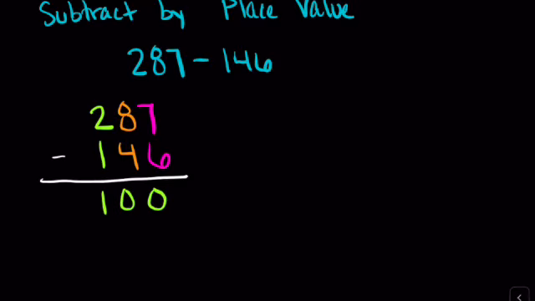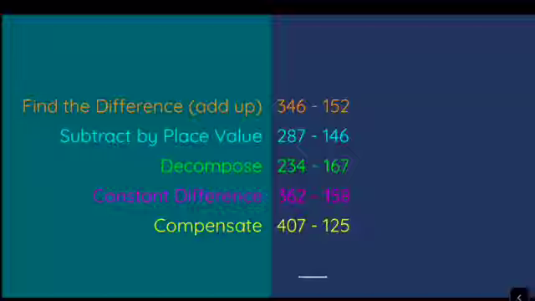And then we're going to do 80 minus 40 is 40. And then 7 minus 6 is 1. And so now all we need to do is think about the total amount that we have subtracted, and we subtracted all together 141.